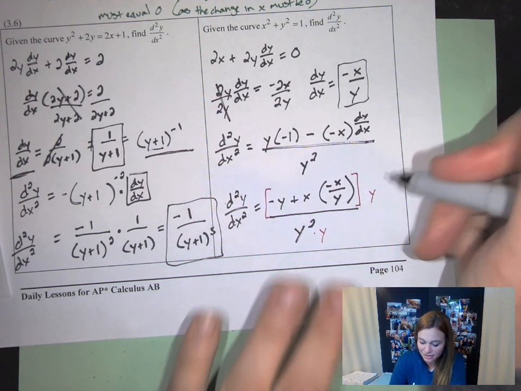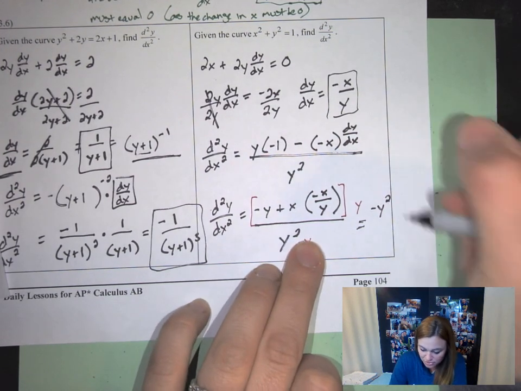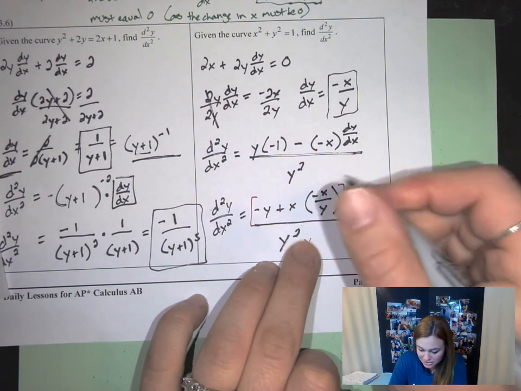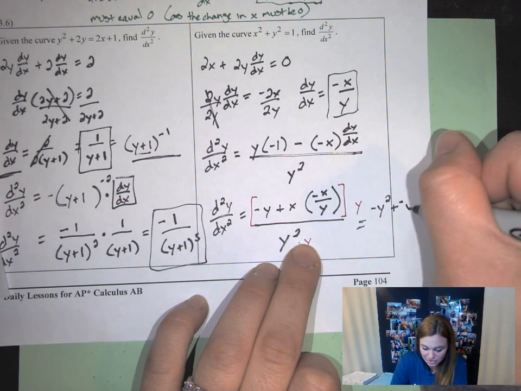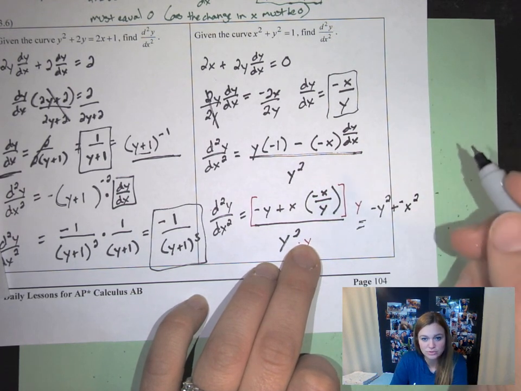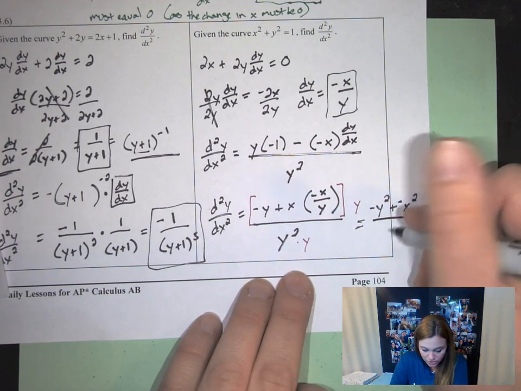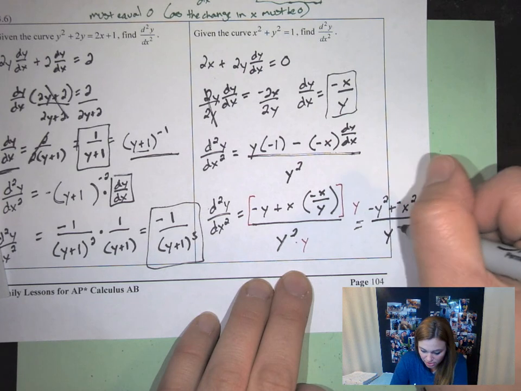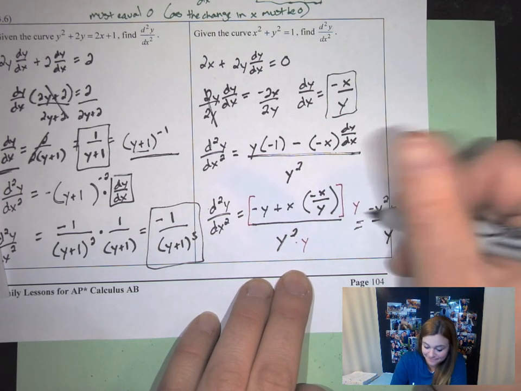And what you would get is -y squared plus x, but this y would cancel out with this one, so that's going to be -x squared. So you could have just said -x squared over y cubed. And that's it.